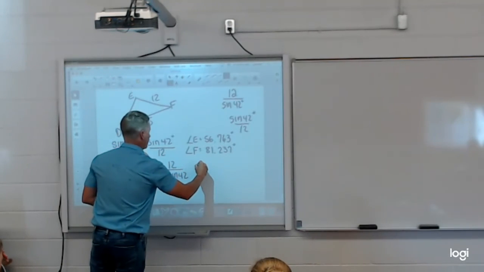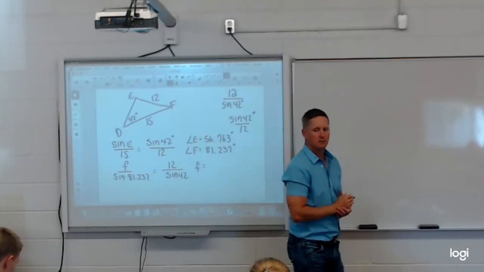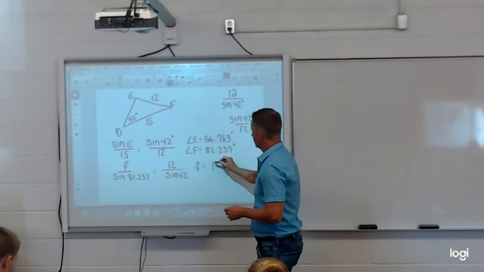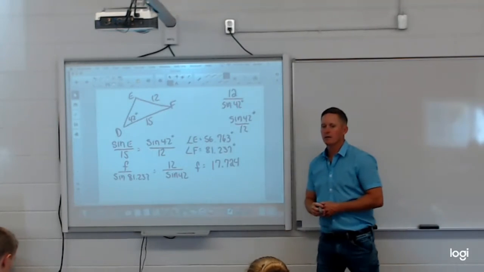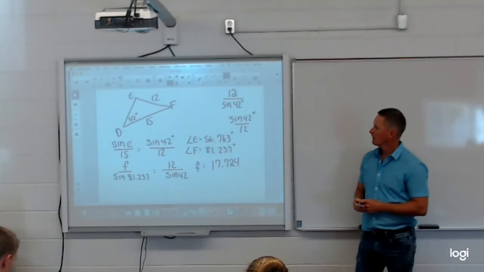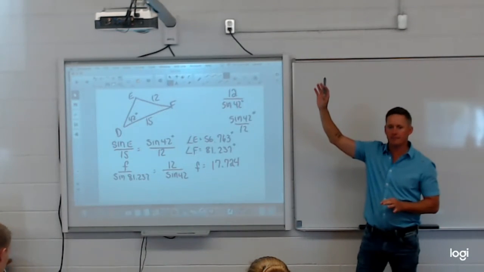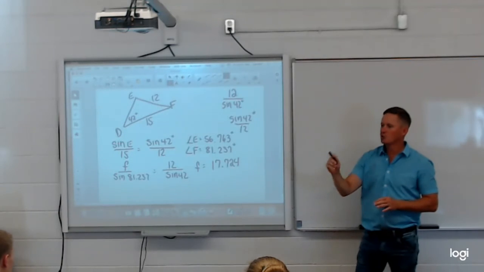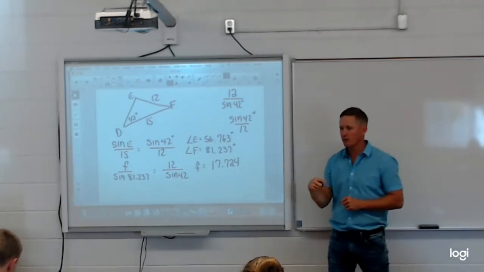So what did side F equal? 17.724. Very good. How many of us got all three correct? So your error was not using the second function sine once you got the decimal.